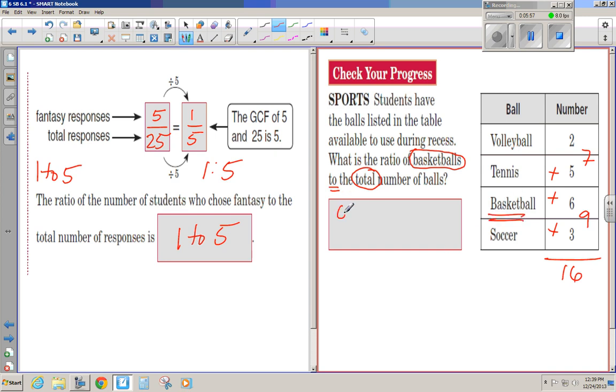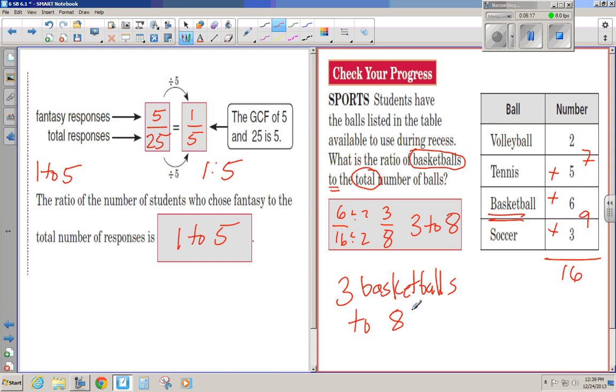Basketballs, so it's 6 over 16. Dividing by 2 gives us 3/8. So the ratio is 3 to 8, so 3 basketballs to 8 total balls.